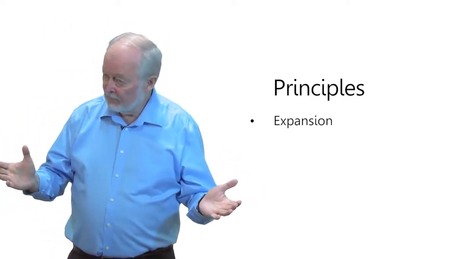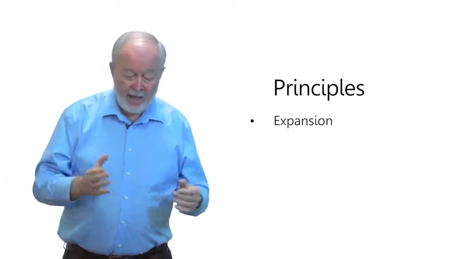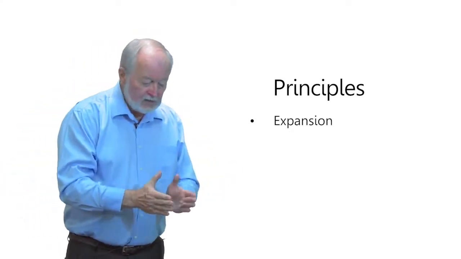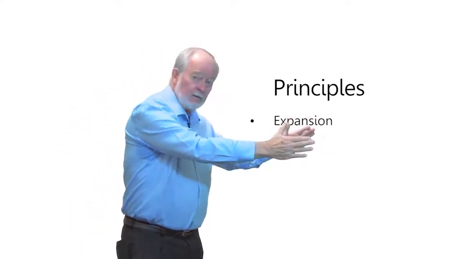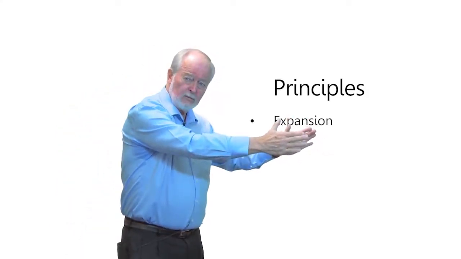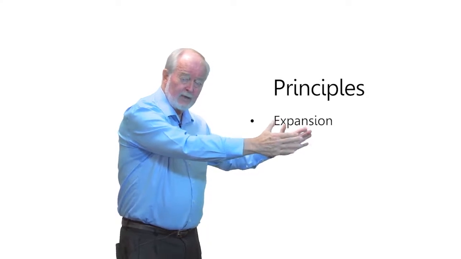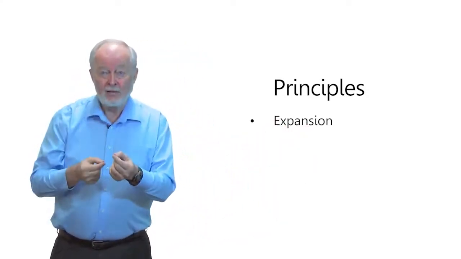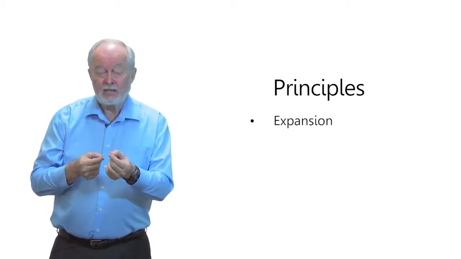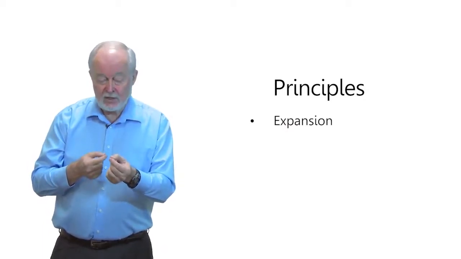But that's not enough. If I have expansion and I just keep moving in one direction and expanding, it's predictable. Nothing's interesting. Where something is interesting is when you come back. That's what makes it interesting.